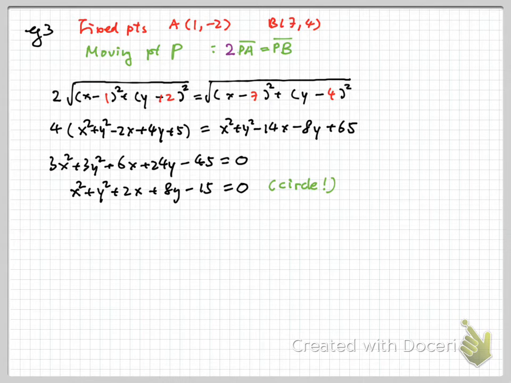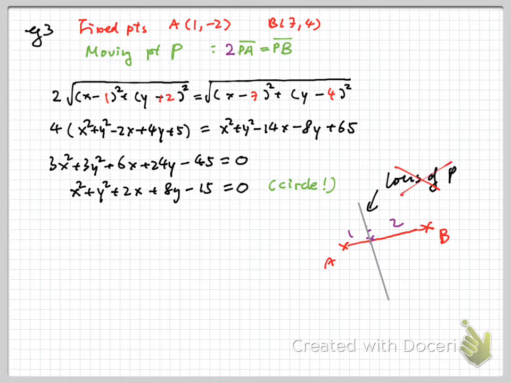So we have very little understanding of the geometry. A common mistake will be thinking that if it is point A and point B, and PB is twice PA, we can have the point here, dividing 1 to 2, and then we draw the straight line. So this is the locus of P. Now this is very wrong, because the calculation shows that the locus of P is not a straight line.